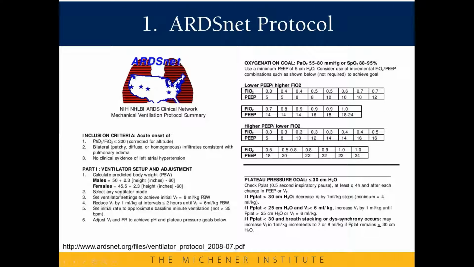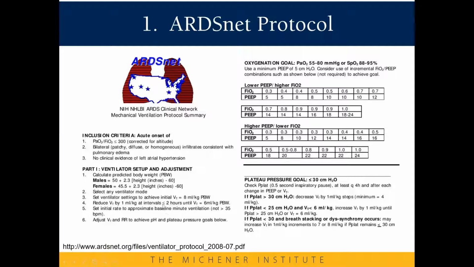So as I mentioned on the previous slide, they allow you to choose the mode of ventilation that you desire. And you're going to initially set it up at 8 mL per kilogram based off of the predicted body weight you calculated. You're then going to reduce your tidal volume by 1 milliliter per kilogram at intervals of 2 hours or less until you reach 6 mL per kilo.